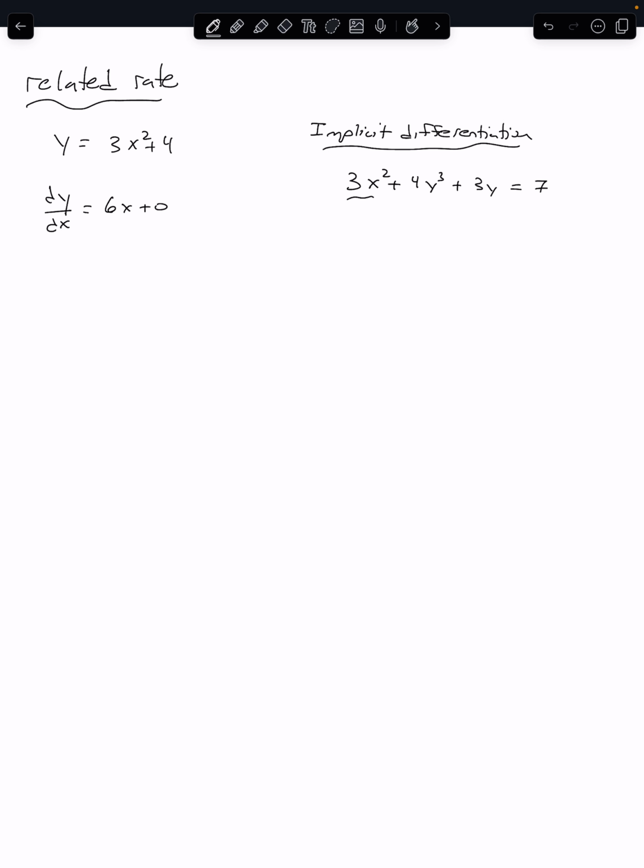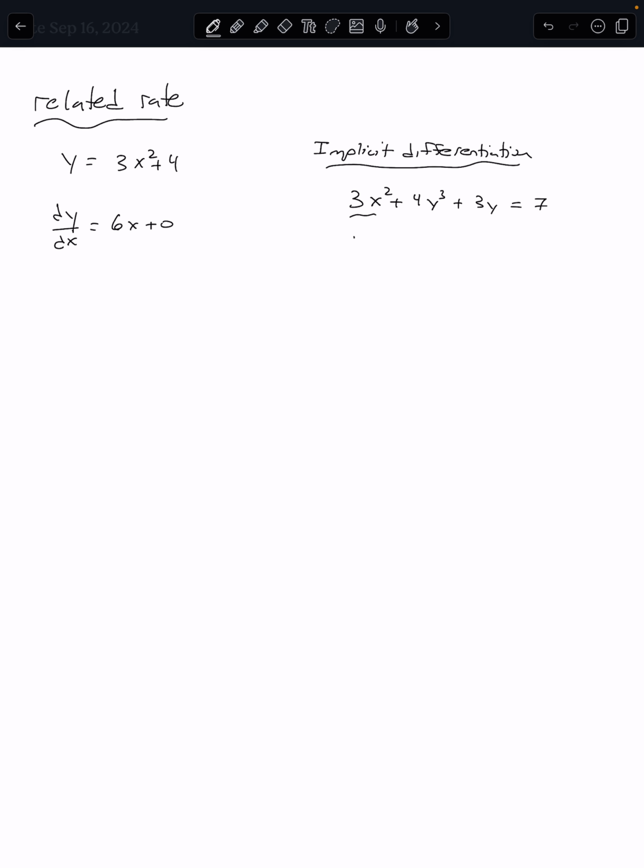Of course, the first one's pretty simple. That's just a straightforward derivative, 6x plus, but when we get to the 4y cubed, we used a chain rule. We said we would get 12y squared, and this becomes dy dx. That's our chain rule. Plus here, 3 dy dx, and that's, of course, just going to equal 0.